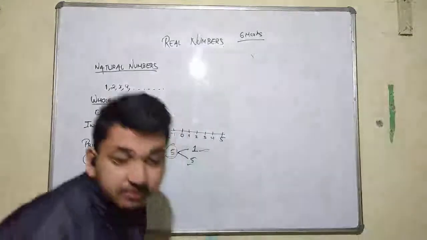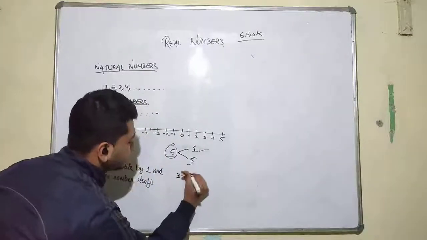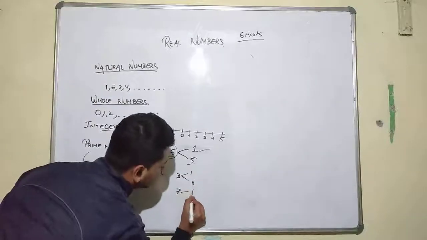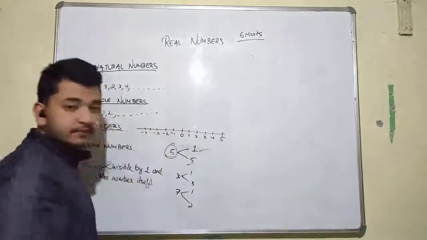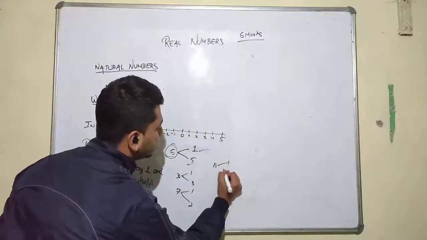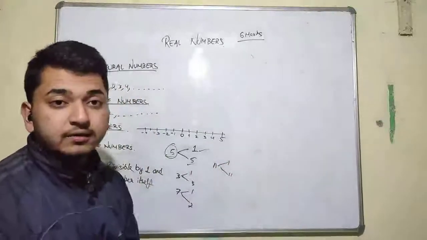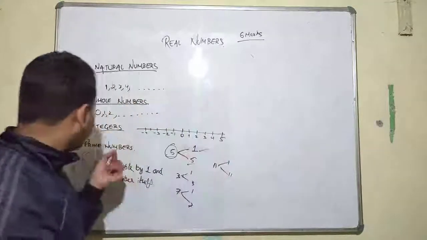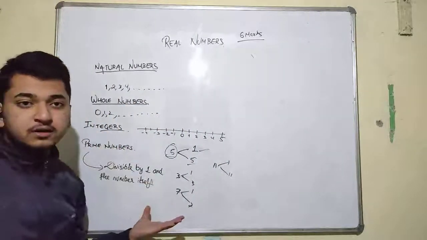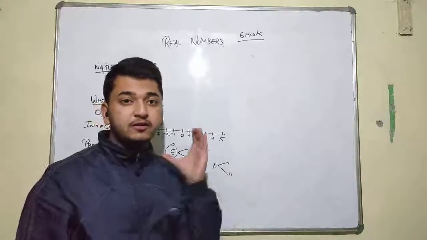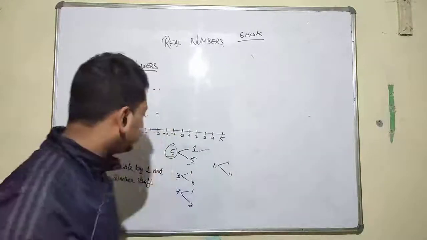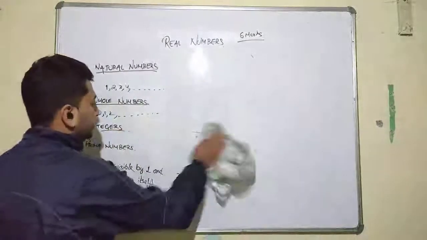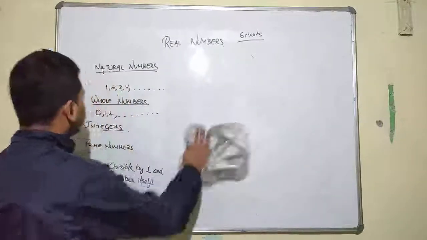But 5 is your prime number. 3 is your prime number. 7 is your prime number. 11 is your prime number. The numbers which are divisible by only 1 and the number itself are your prime numbers. I hope you are getting the point of numbers. So now we'll move forward. I hope you have understood this all.